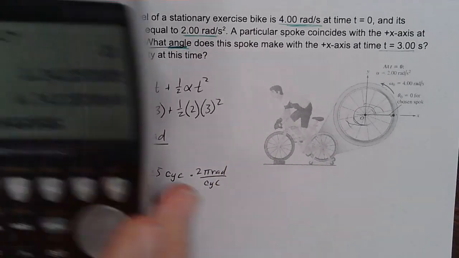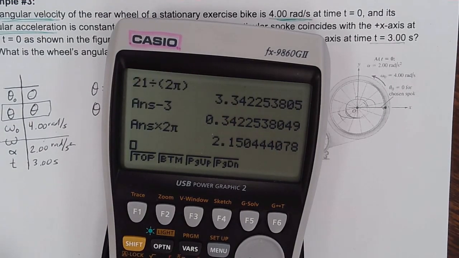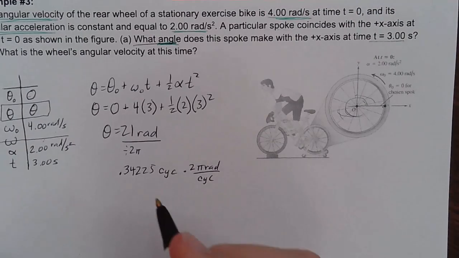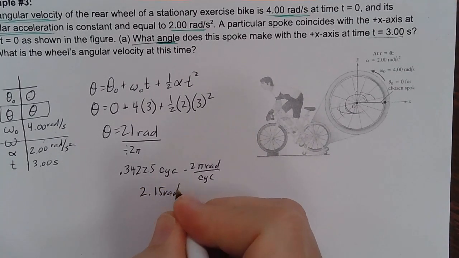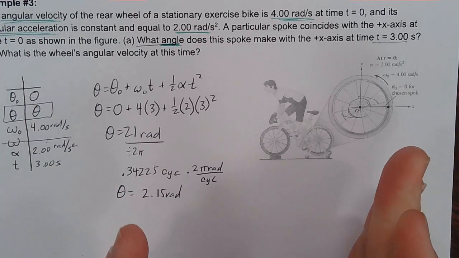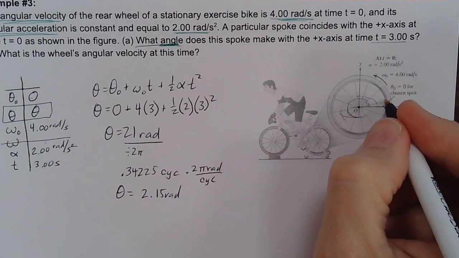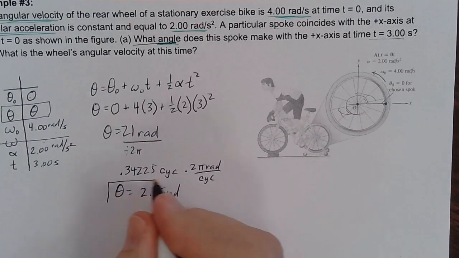And so we just take that number and multiply by 2 pi, and we get 2.15. So the answer is that the angle, if I want something between 0 and 2 pi, would be 2.15 radians. And that would be exactly how far I've gone.